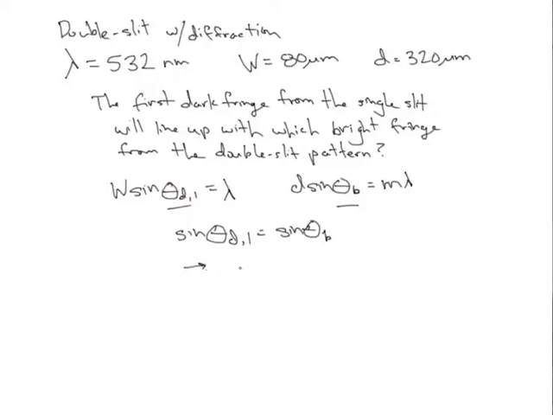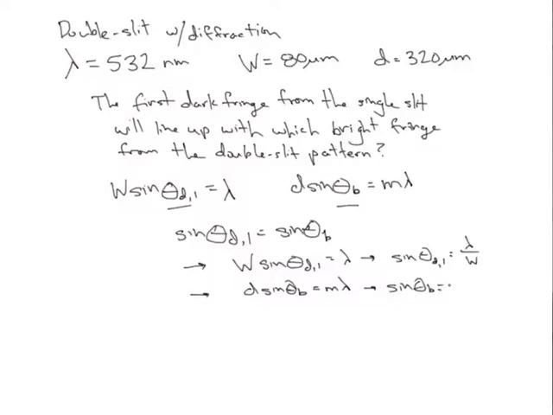So if those two are equal, then we get our equation for the single slit, W sine theta dark 1 equals lambda, becomes sine theta dark 1 equals lambda over W, and d sine theta bright equals m lambda, from that sine theta bright equals m lambda over d.